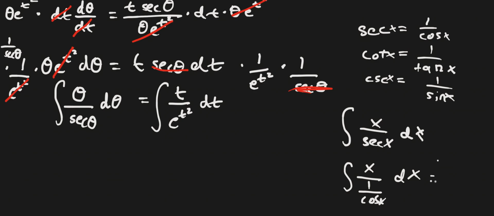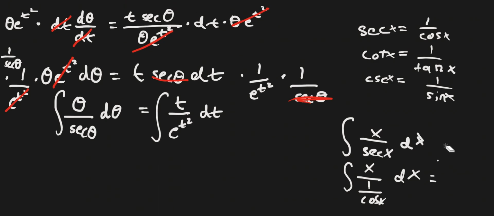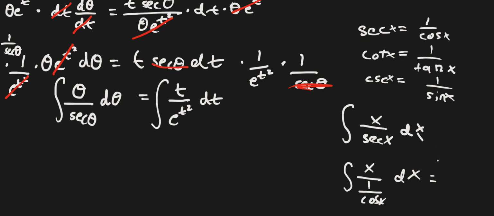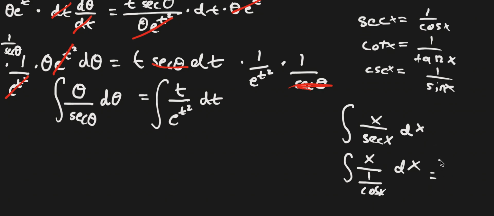So this is just integration of x by 1 by cosine x dx, which is going to be equal to the integration of x times cosine x dx. Now this is quite simple. You just need to use integration by parts for this one.